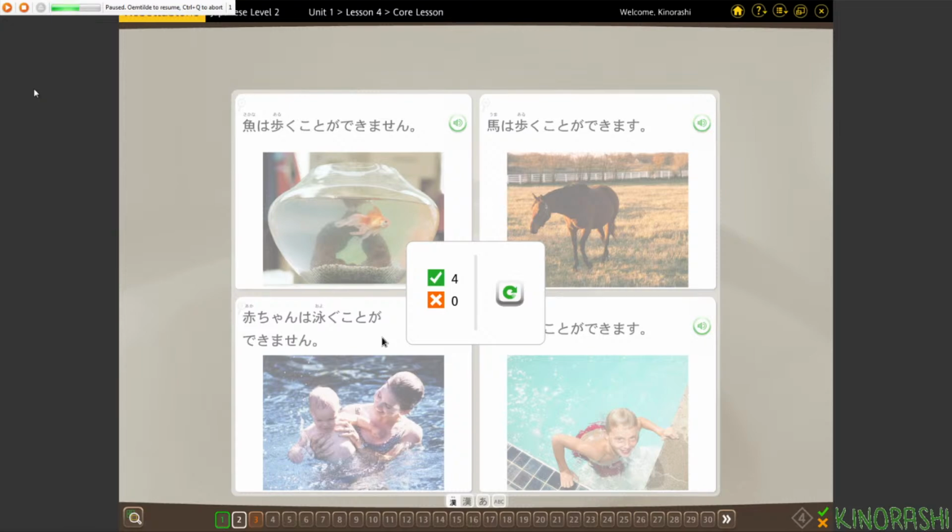Indicative being the form used to state something as a fact, basically, or just to state something.